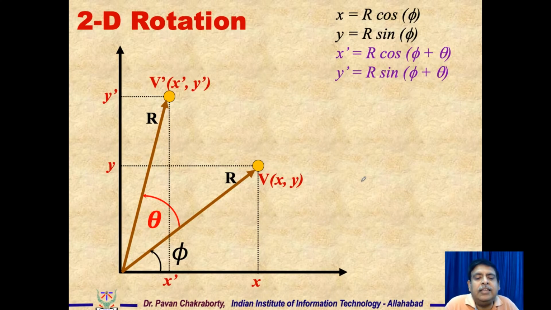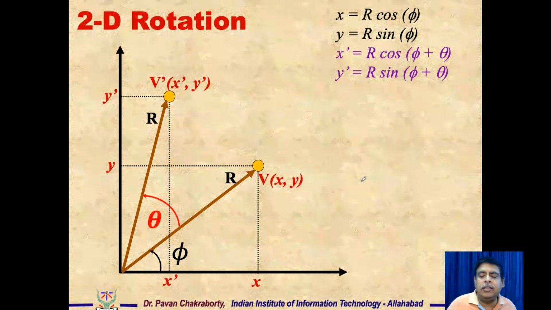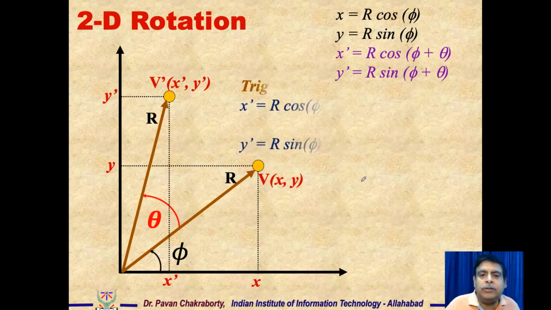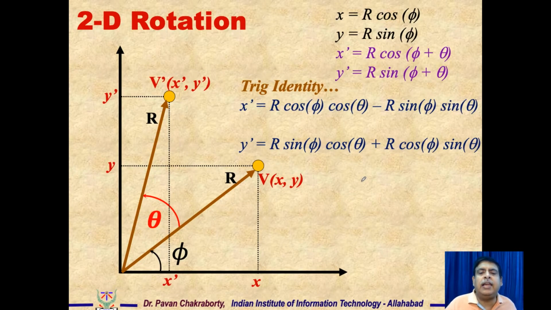Now the angle is a combination of two angles which, using trigonometric identity, can be separated out, where x prime equals r cos phi cos theta minus r sin phi sin theta, while y prime is equal to r sin phi cos theta plus r cos phi sin theta.